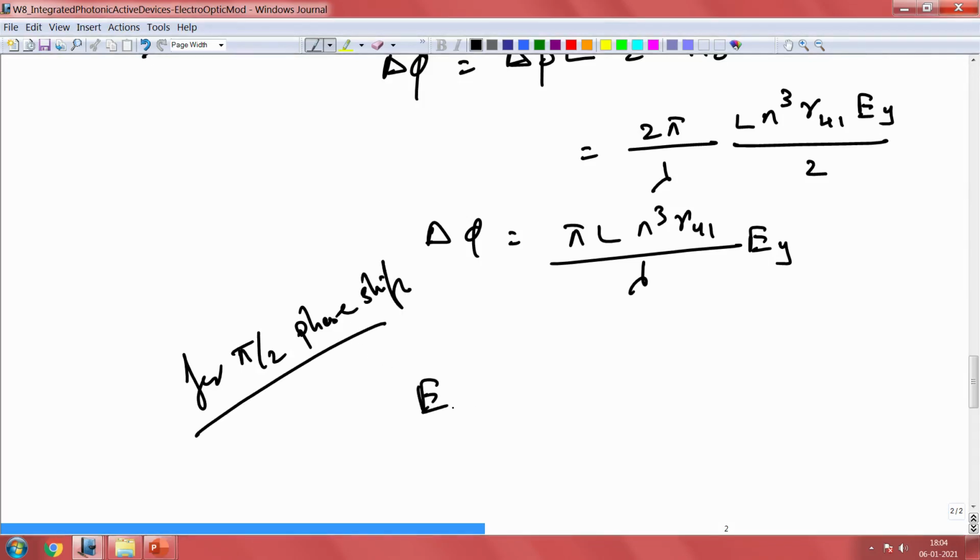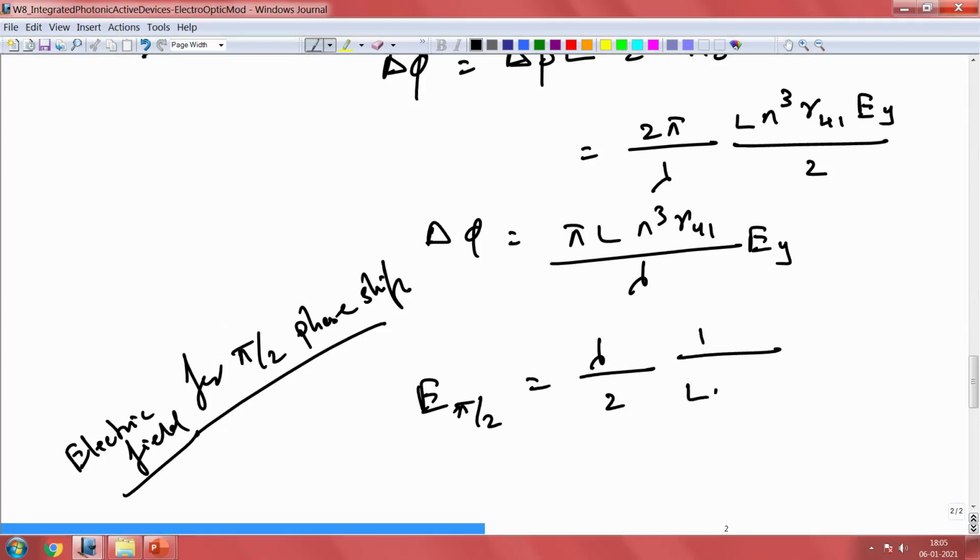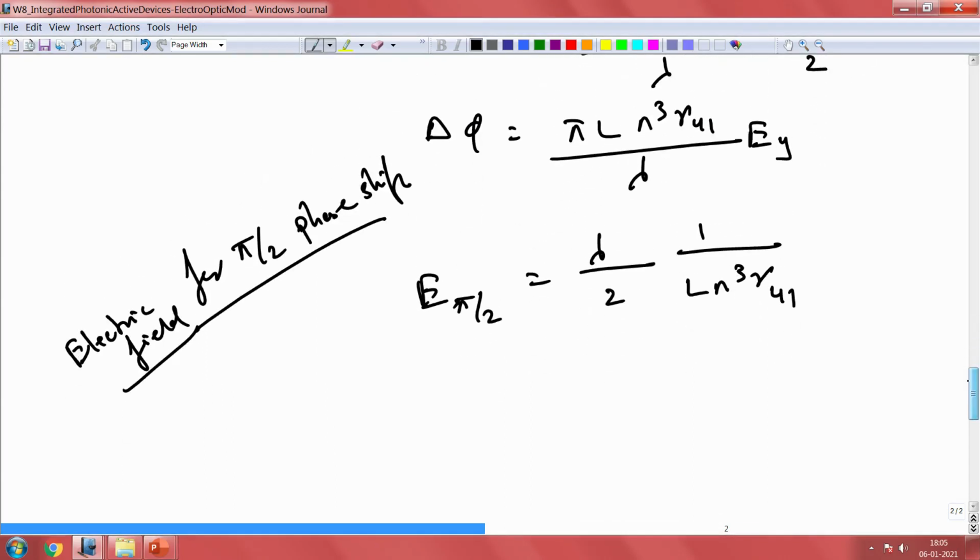The electric field for pi by 2 phase shift is nothing but lambda over 2 times 1 by L n cube r 41, and this is the electric field.